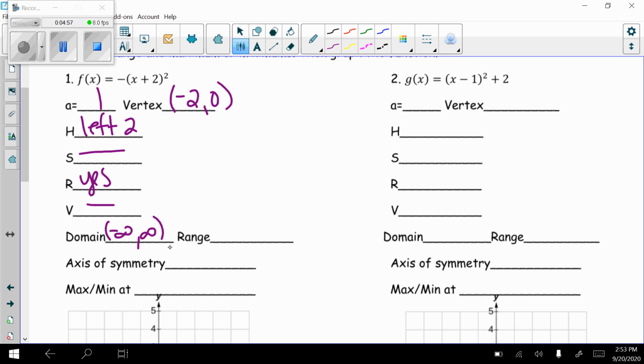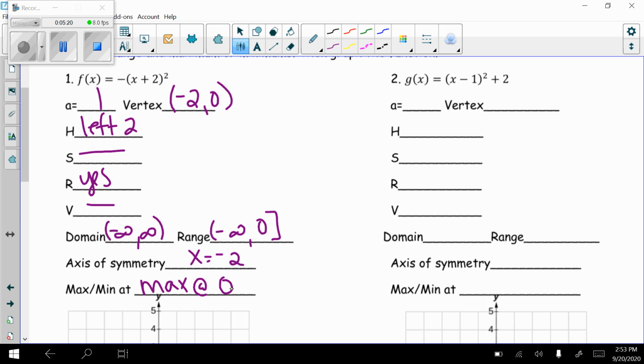So my y values, I'm starting at negative infinity, and I'm going to the y value of my vertex, which is 0, with a bracket. The axis of symmetry, x equals the x coordinate of my vertex, negative 2. It opens down, so it's a maximum at the y coordinate of my vertex, 0.